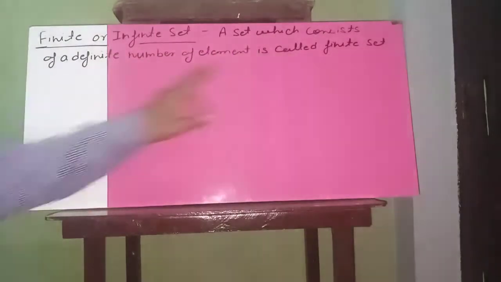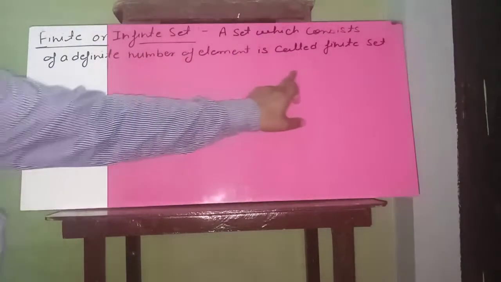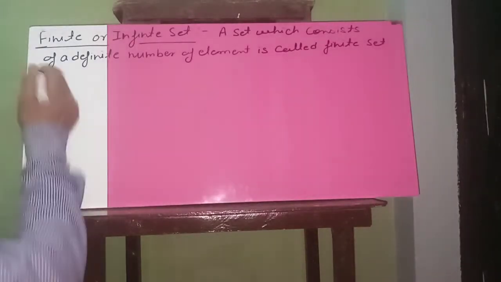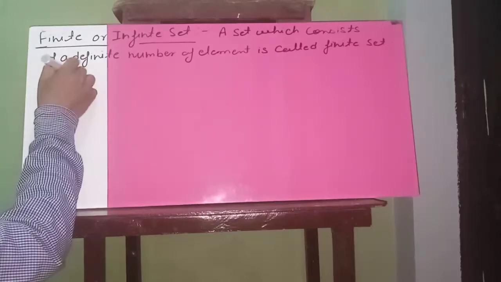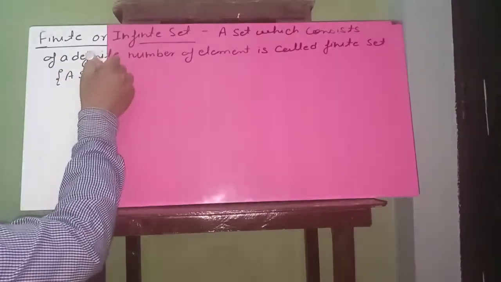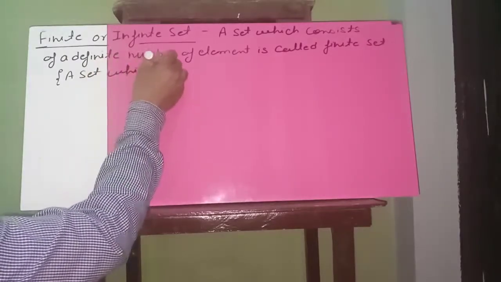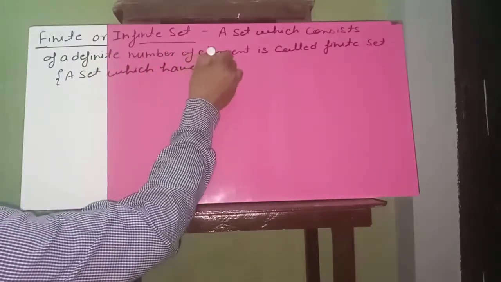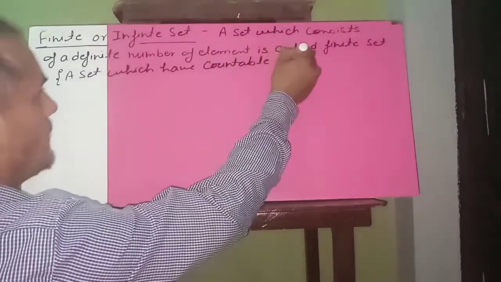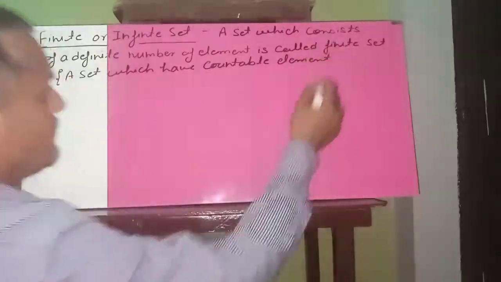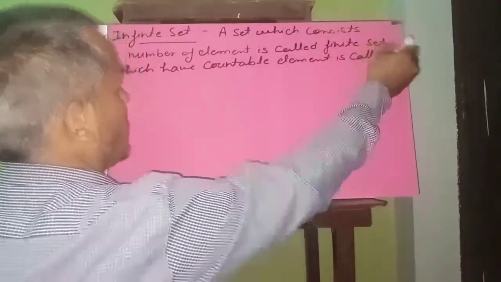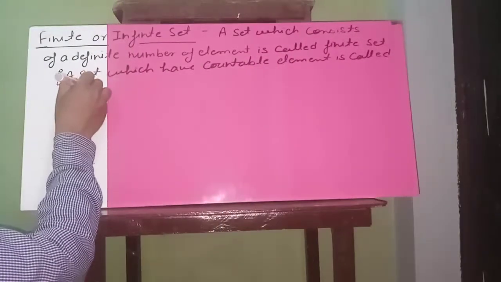So what is the definition of a finite set? A set which consists of a definite number of elements is called a finite set. In another way, the other definition: a set which has countable elements is called a finite set.